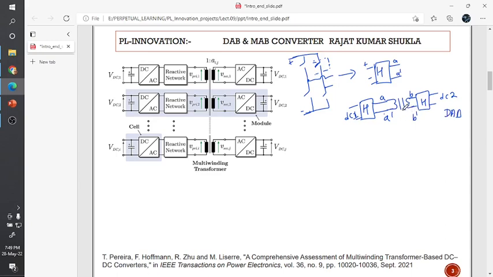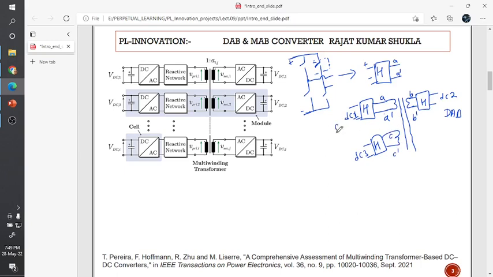Now if you add another H bridge with the same core, it will look like this, what I am representing here. A third winding is necessary on the same transformer to connect this H bridge. There is another DC source, let's call it DC3, and this is C and C dash.